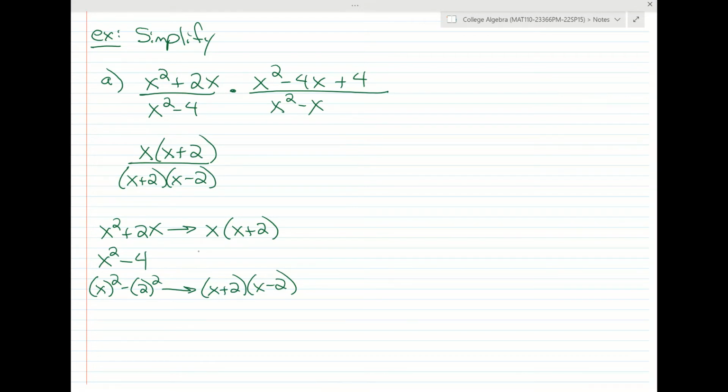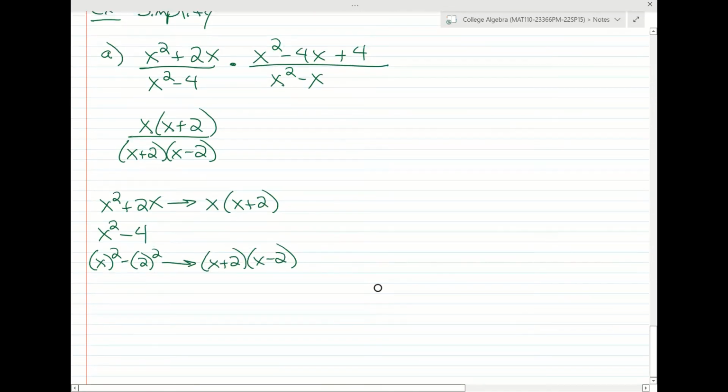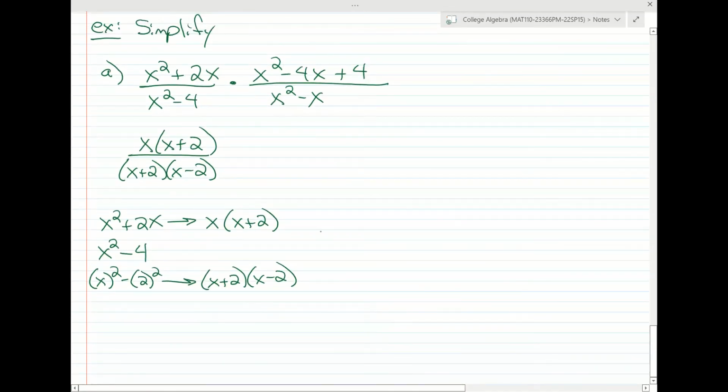It looks like that bottom would probably be the easiest. So let's try x squared minus x. What can we take out of that? We can just take out 1x from this. And we're just left with x minus 1.